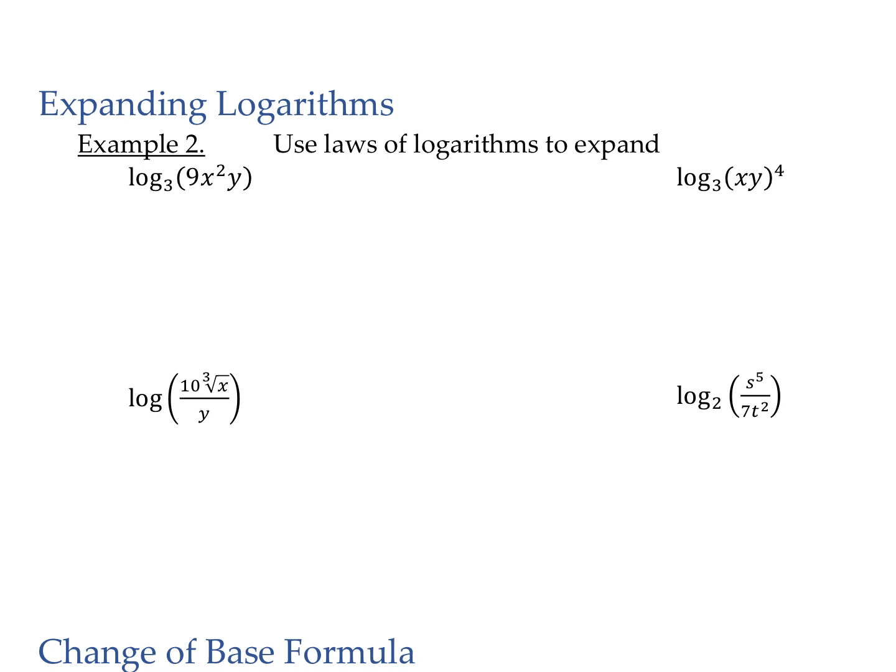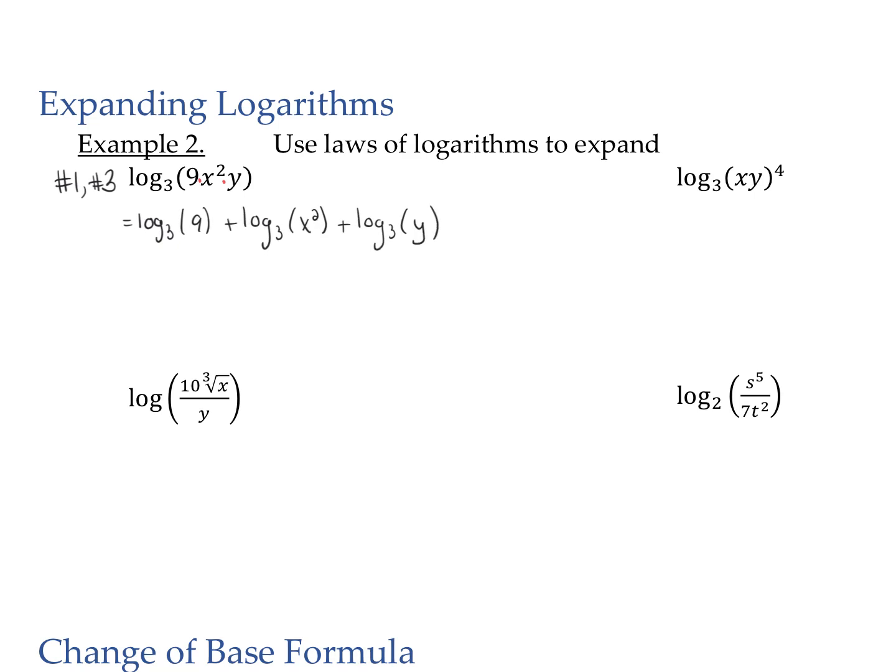But we're going to use rule number 1 first and then rule number 3 to expand this out into several different terms. So the first thing I'm going to do is insert little multiplication symbols right there so that I can see I'm going to have 3 separate terms that are going to be added together.